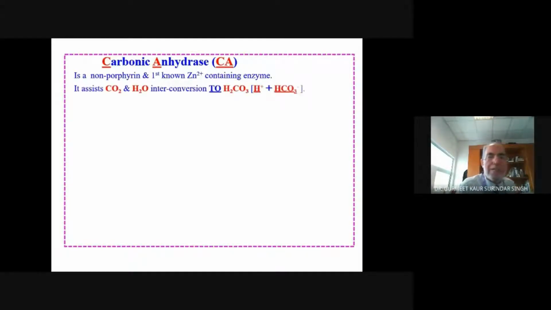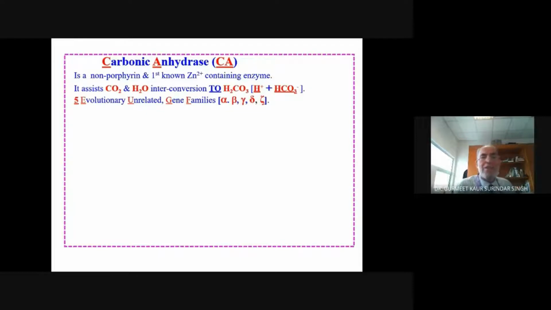It does a very simple reaction. It assists the reversible conversion of carbon dioxide and water into carbonic acid, which later dissociates to hydrogen and bicarbonate. This is a very simple reaction, but it is very fundamental in many biological functions inside the cell.